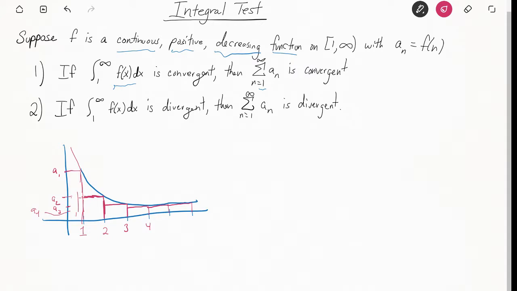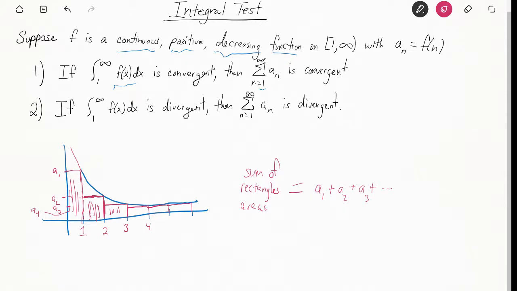Each value, notice we're getting closer and closer to 0 on the y-axis. The sum of all these areas, notice our rectangles all have length 1, so the sum of the rectangles' areas would equal a1 plus a2 plus a3 plus so on and so forth.